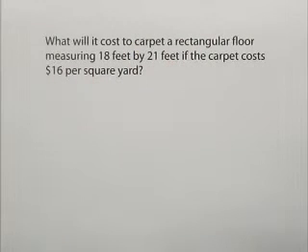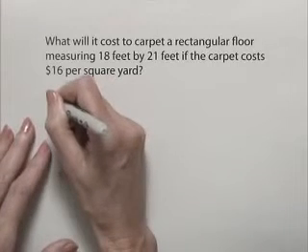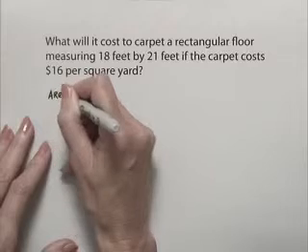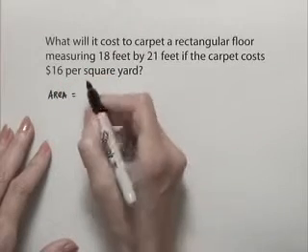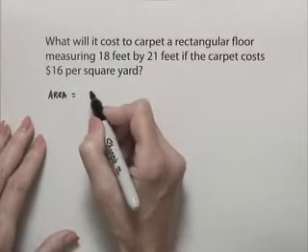Let's look at how we can calculate the cost of a carpet. What will it cost to carpet a rectangular floor measuring 18 feet by 21 feet if the carpet cost $16 per square yard? Well, we're going to have to find the area of our carpet. We know that we can find area by taking length times width of a rectangle.